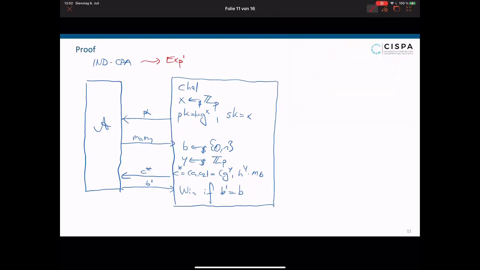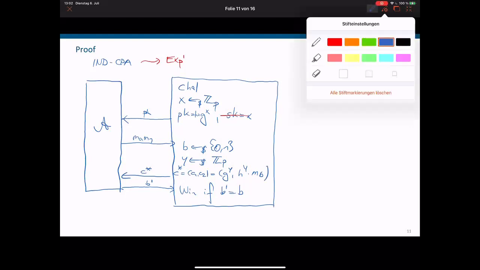So first of all, forget about the secret key. The INCPA experiment doesn't need the secret key. So out the window with the secret key, we don't need the secret key. By the way, here we should close this parenthesis.